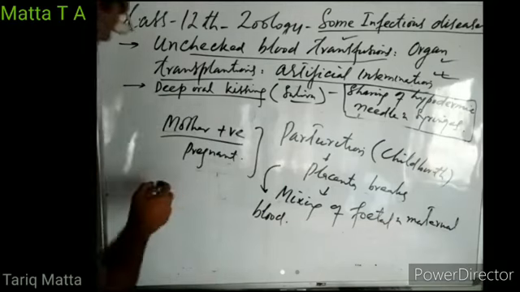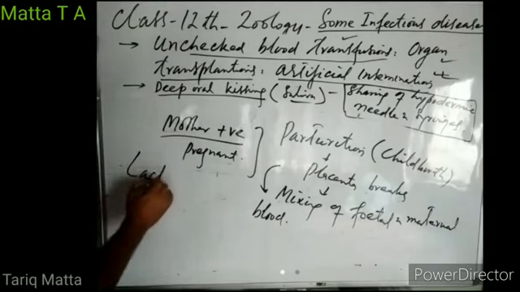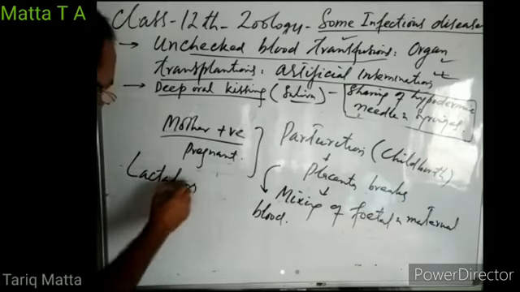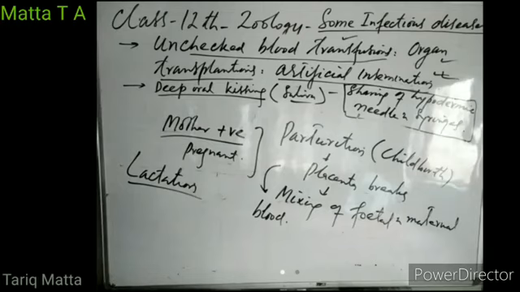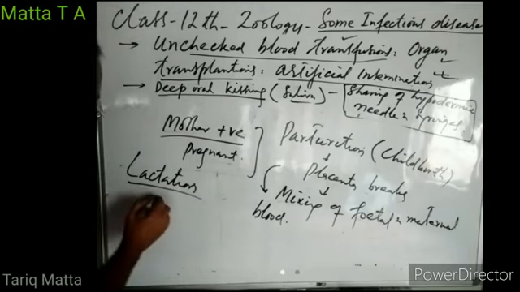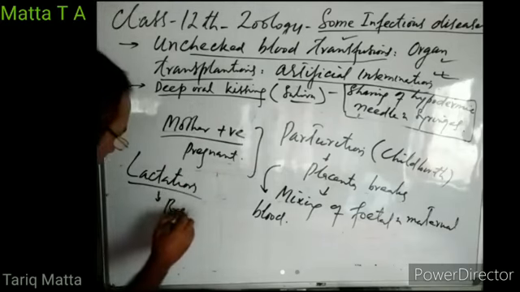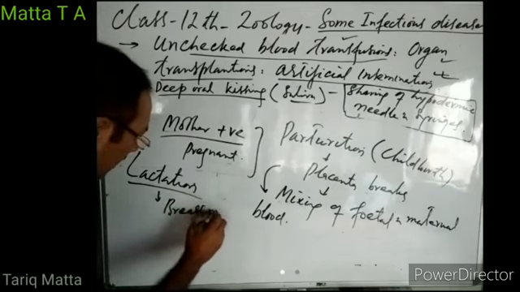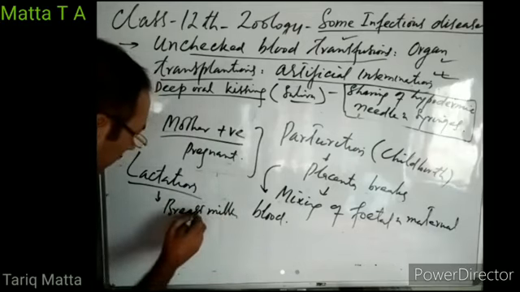And at the time of lactation, a mother is also feeding her infant with viruses because this virus is present in breast milk. I told you that this virus is present in all body fluids.